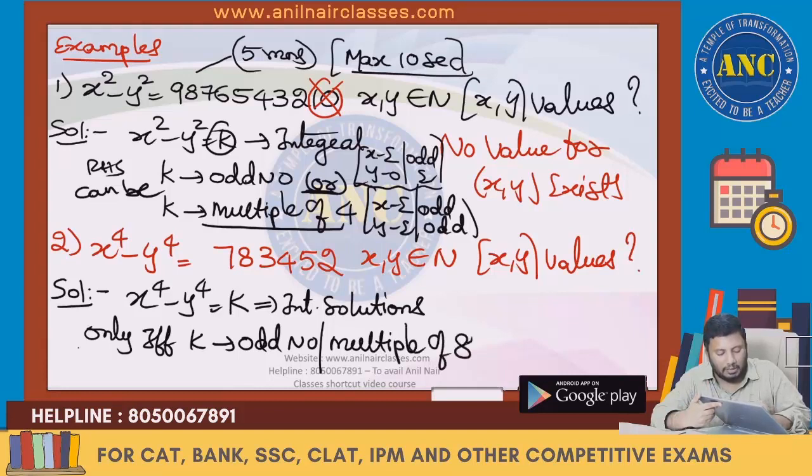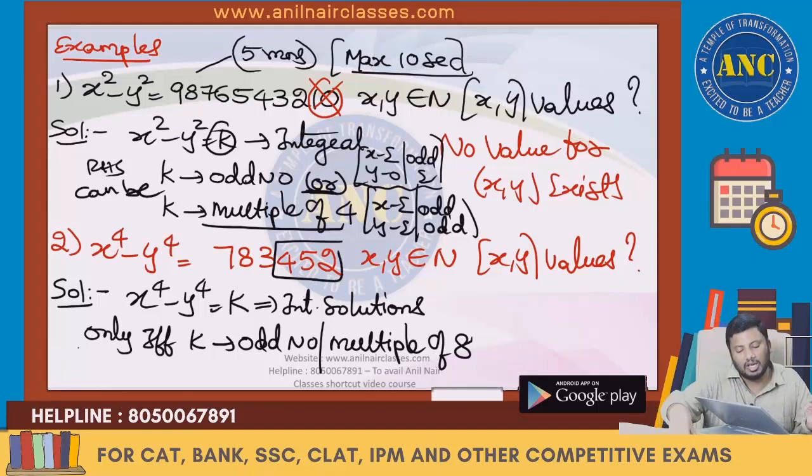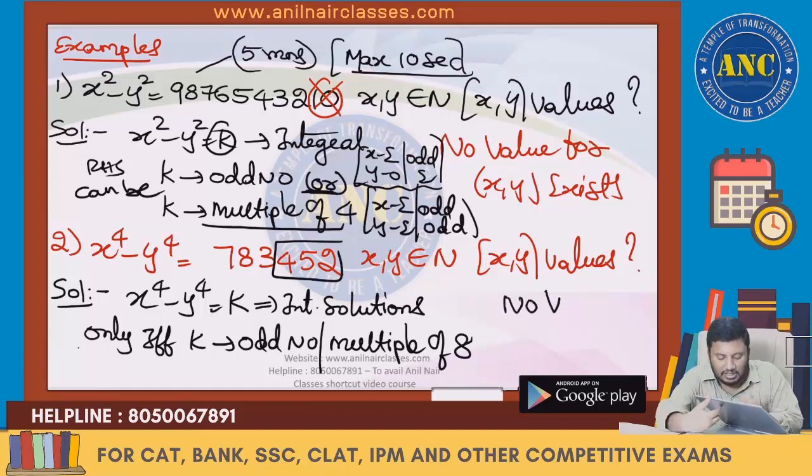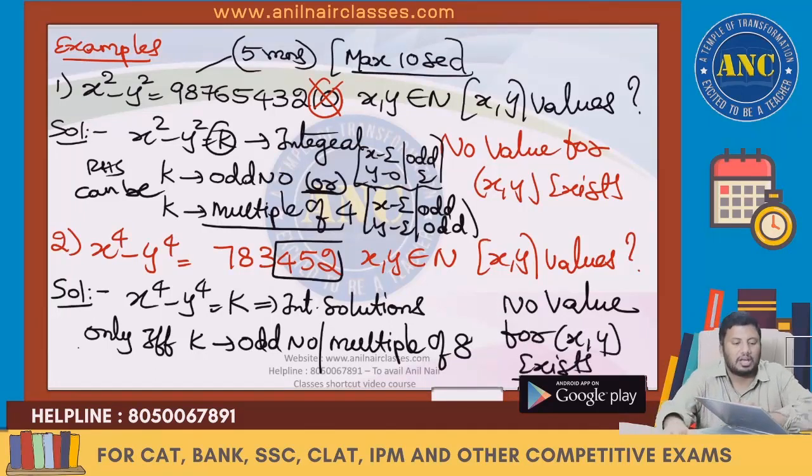For a multiple of 8, the last 3 digits should be divisible by 8. 8 5s are 40, 8 6s are 48. Not possible. The answer is no value for x comma y exists. I hope the idea is clear.